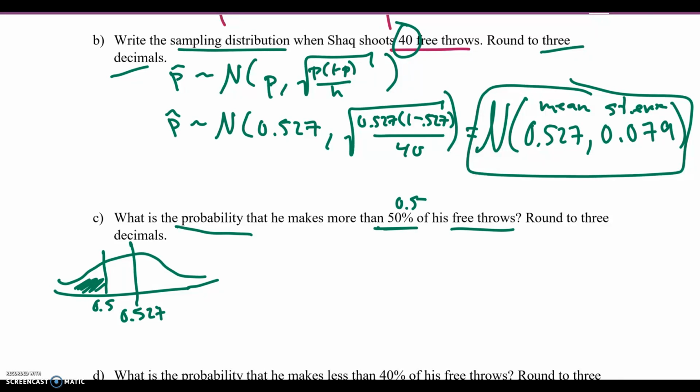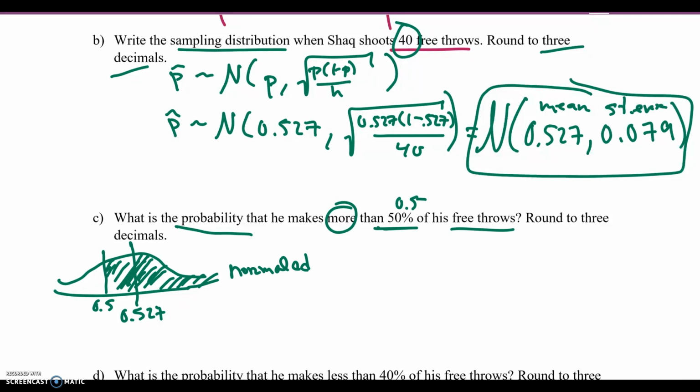Oops, sorry, that's wrong. We don't want this area, we want the other area. We want to know more than 50%, so all of this. So what is this probability? Now we're going to have normal CDF, because this is still the same thing that we're doing.